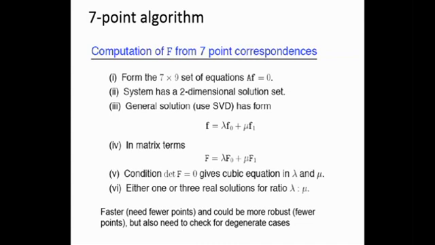And so you need to do fewer iterations, and if there are few corresponding points between 2 images, you have a better chance of success with the 7-point algorithm. But then you need to check for degenerate cases where you might have multiple real solutions. And so in practice, most people just use the 8-point algorithm.